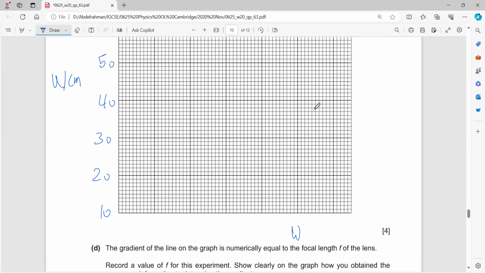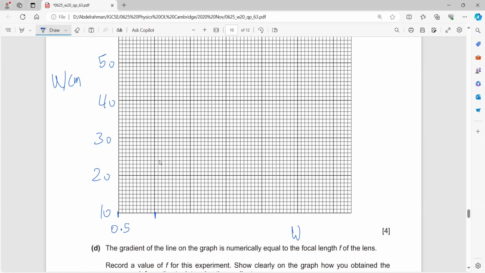Can someone suggest a scale for this axis? I guess 1 for each 0.5. 1 is too small, 0.5 would be better. I could start off with 0.5.